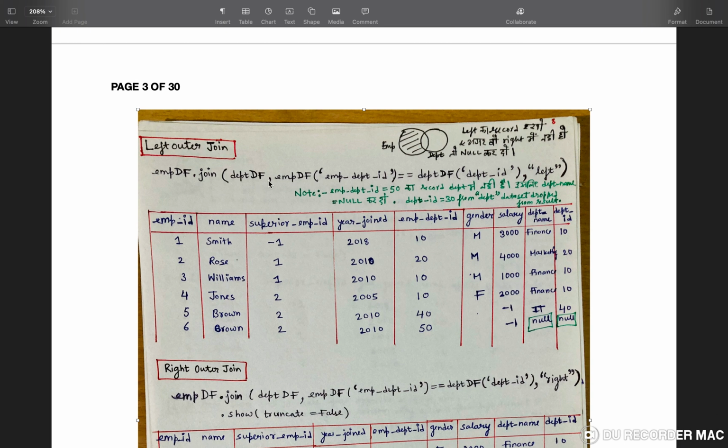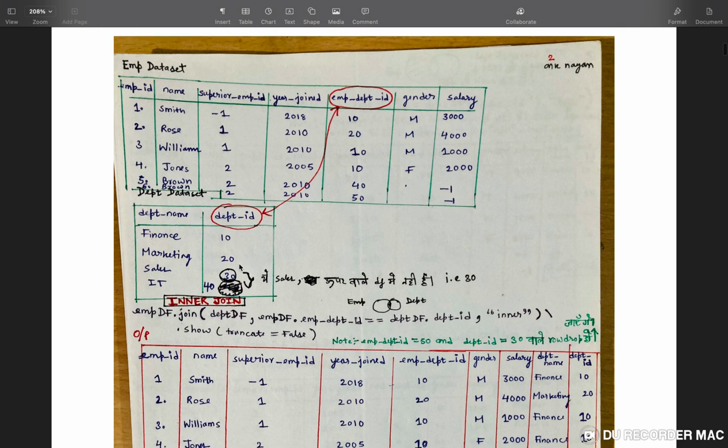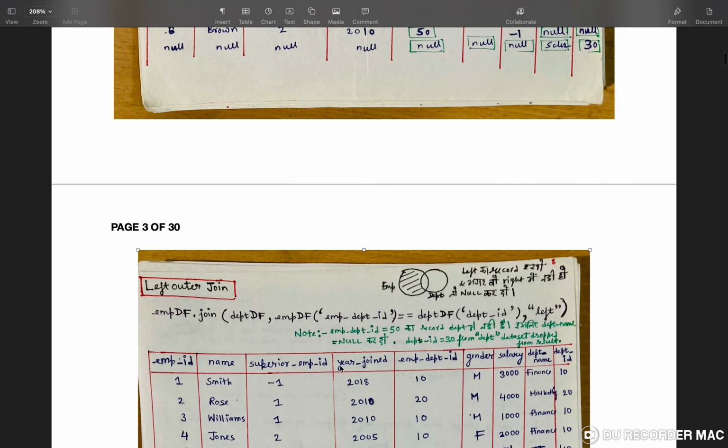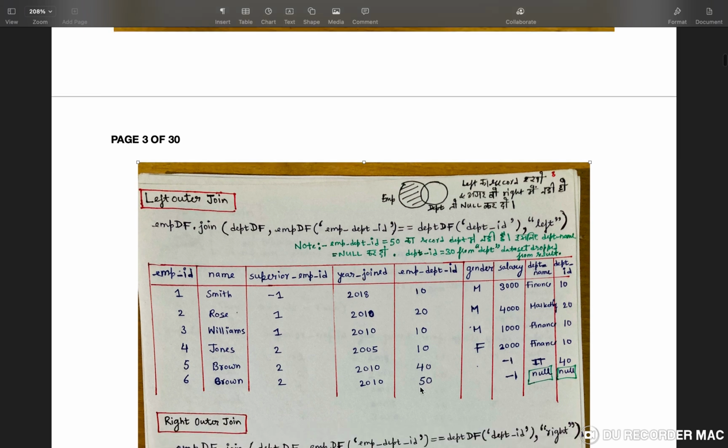So the syntax will remain the same here, and from the observation side, we can see that the employee department ID 50 record is not in department, right? 50 is not here, right? So let us check. What happened is that it made department ID null here, 50 became null.